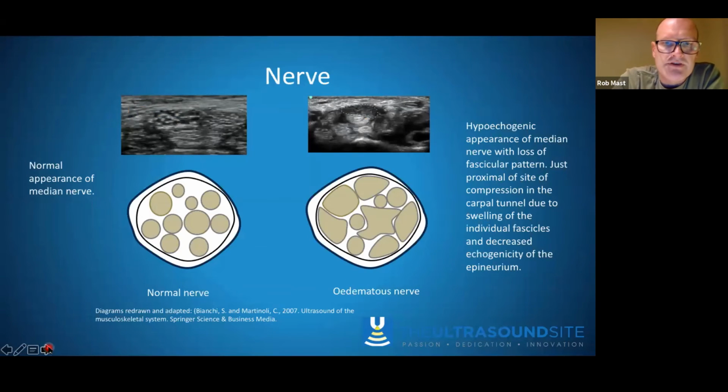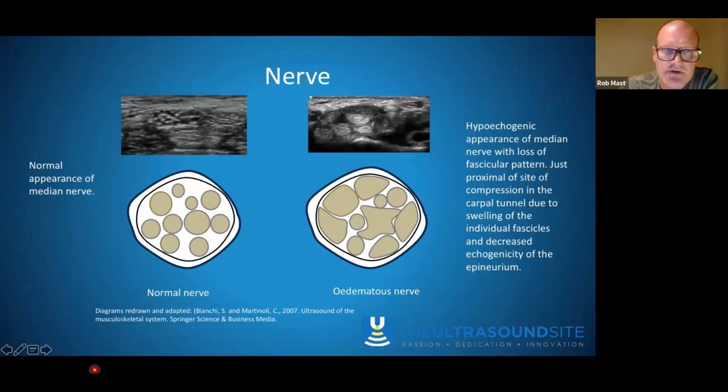So now this is a nice little diagram of a normal nerve. If you see the diagram on the left hand side, a normal nerve has these fascicles, which are black or dark on ultrasound.